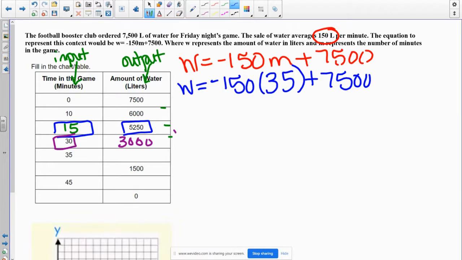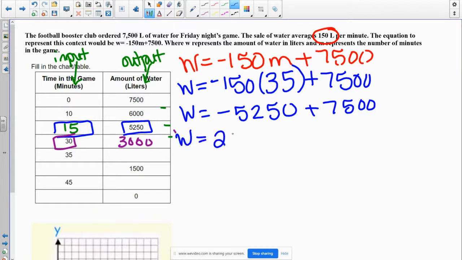So 150 times 35 gives us a negative 5,250. And we're going to add that to the amount of liters at the beginning, which leaves us with 2,250 liters of water left. That is making sense as we look at this table. As our minutes are going up, in other words, as the time goes by in the game, then our output of how much water we have left, since we're selling 150 per minute, should be going down, which it continues to do.